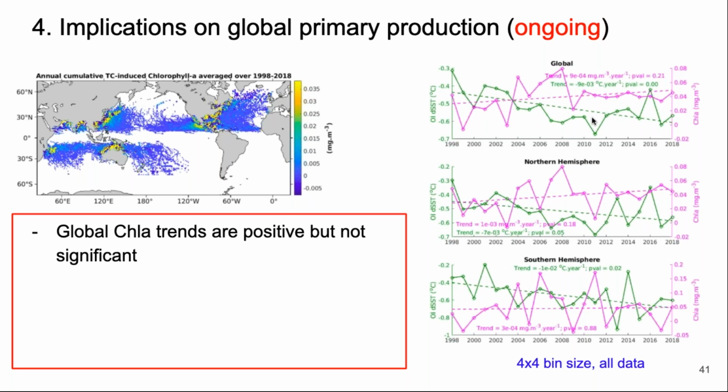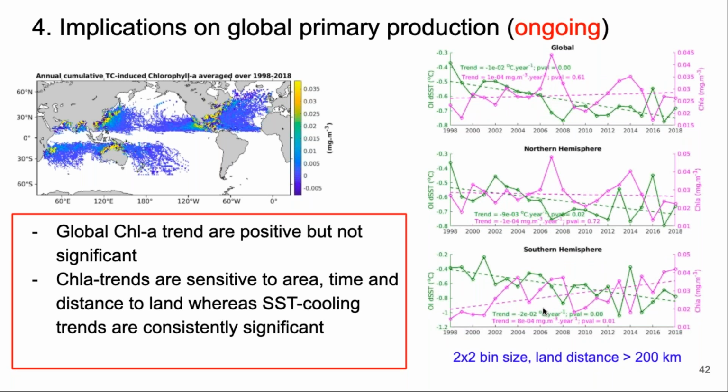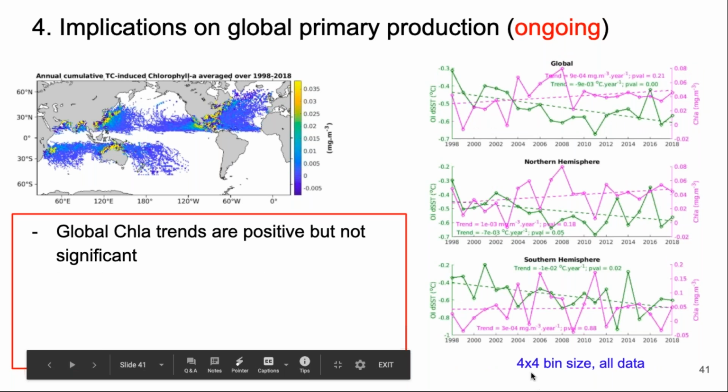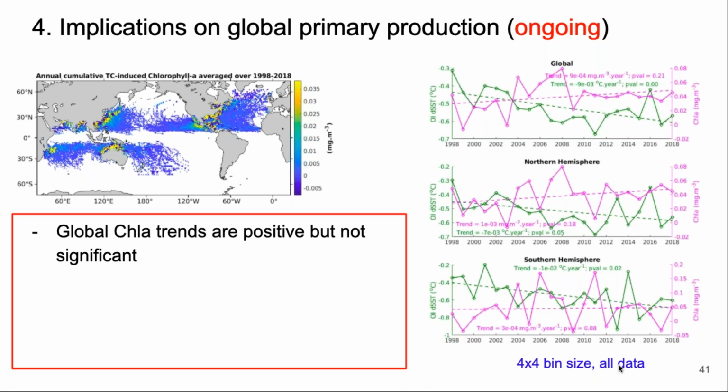But the increasing trend at the global scale or in the northern hemisphere is not significant. Here we do it over a 4x4 degree bin size, the same way that we did with the cold wake.